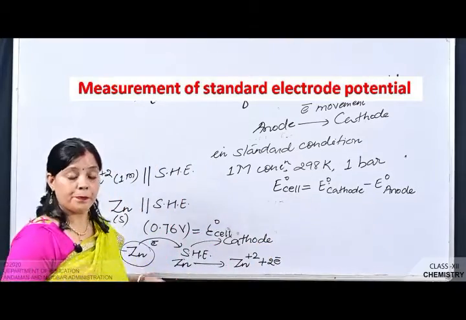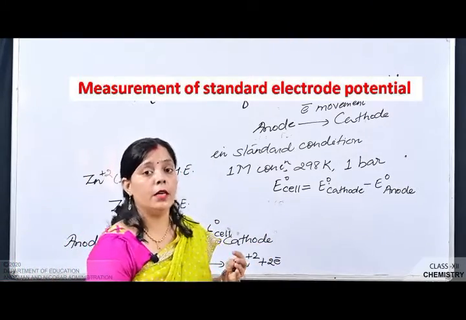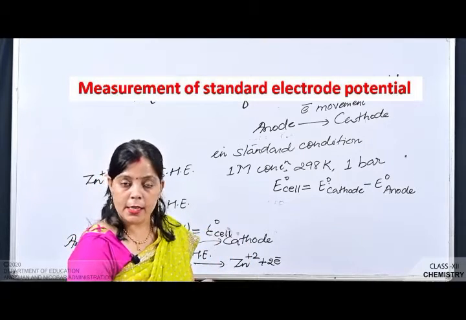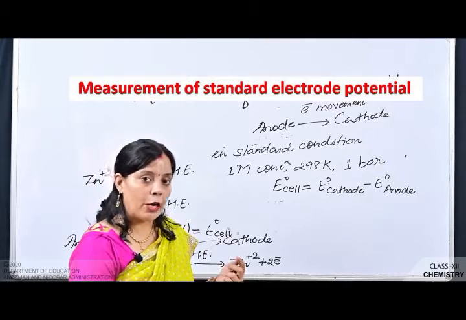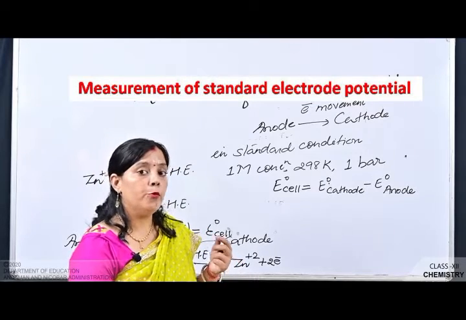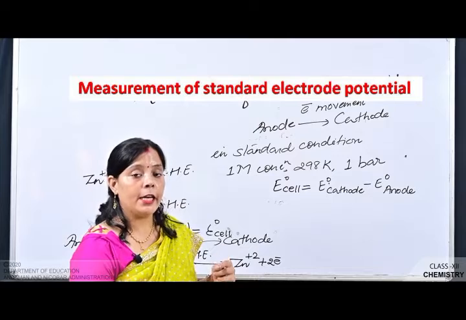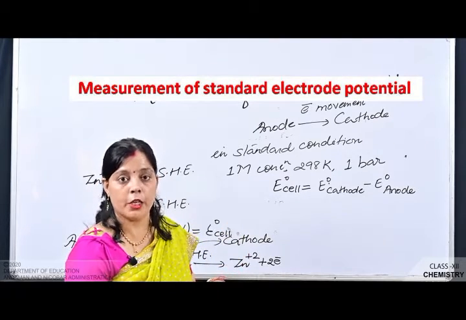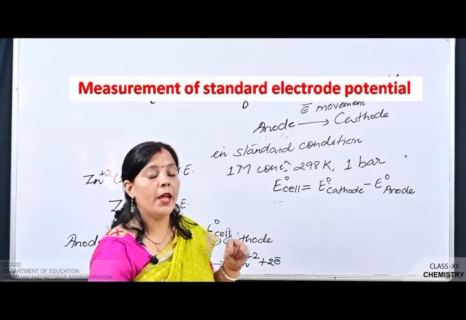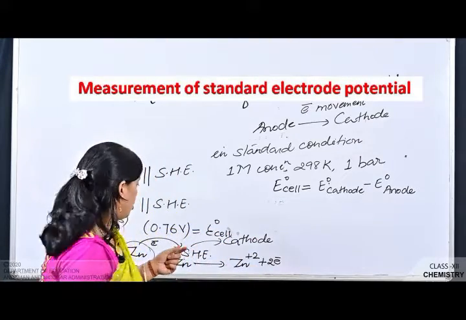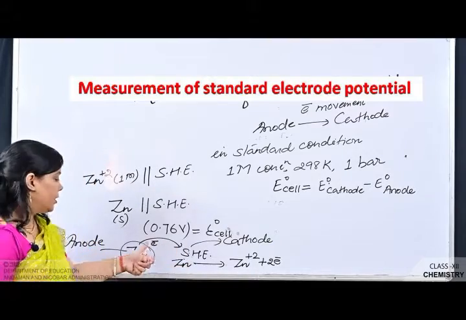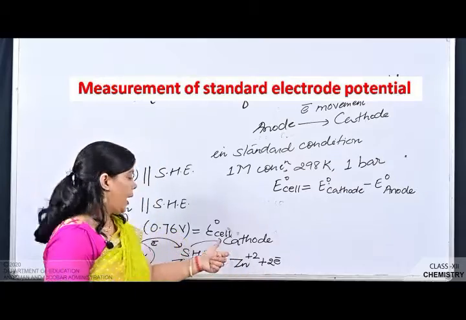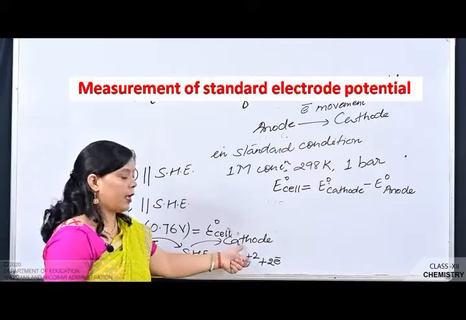So in this way, with the help of the potentiometer we can measure the electrode potential of the cell in the standard condition, and with the help of the galvanometer we can determine the movement of current, which moves from the SHE to zinc. It means the electron is moving in the opposite direction, from zinc to SHE, and since the electron moves from zinc to SHE, the zinc is acting as the anode, where the oxidation reaction takes place, and the SHE is acting as the cathode.